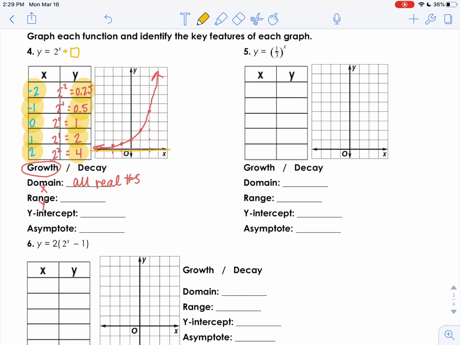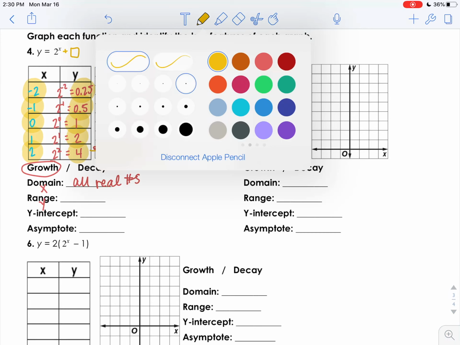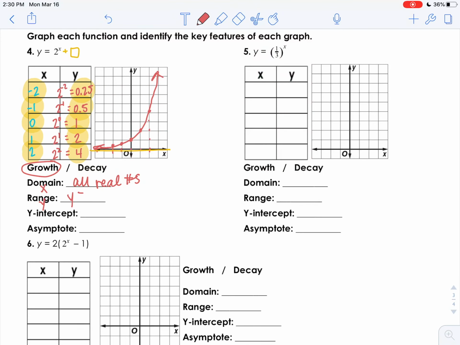Because even if we do 2 to the -150, it'll be a teeny tiny decimal, but it's still never going to hit 0, because you can keep cutting things in half or taking smaller parts of them, and you'll still end up with something, no matter how microscopic it might be. So our range here is y must be greater than 0.